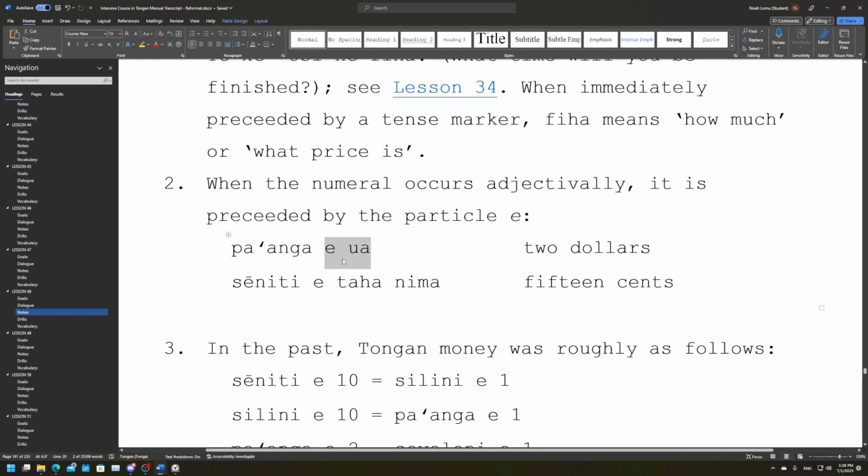Whereas in Tongan, when we talk about numbers, like panga eua or senite e taha nima, this e is its own thing. It's not the definitive thing. It always goes in between the noun and the number that describes how many of that thing we have.